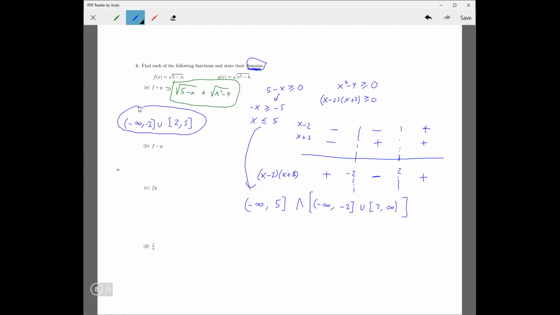And that's going to be the domain for the sum of the two functions.